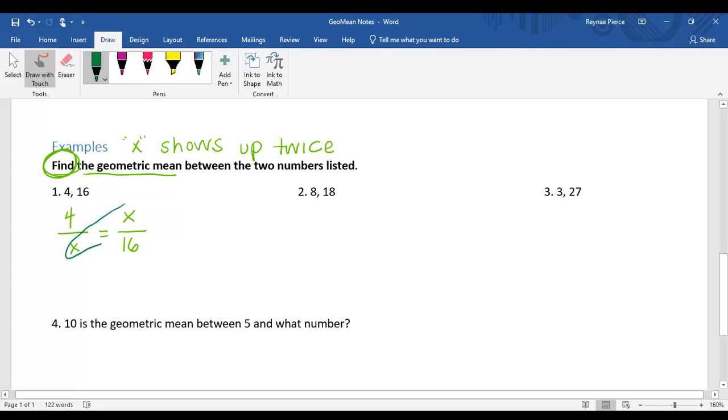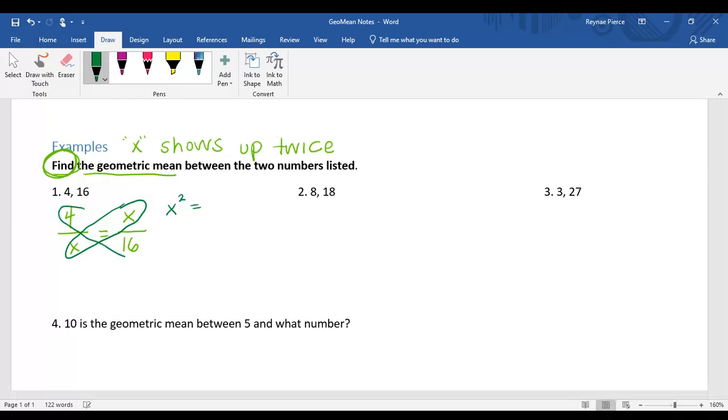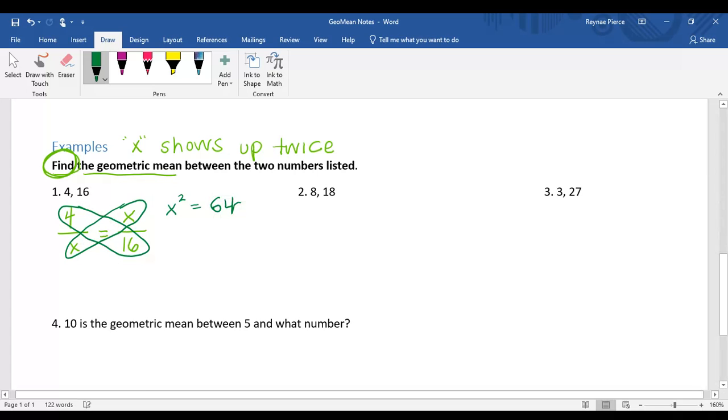We cross multiply. x squared equals 4 times 16, which is 64. And then we find the square root. So here, 8 is the geometric mean between 4 and 16.